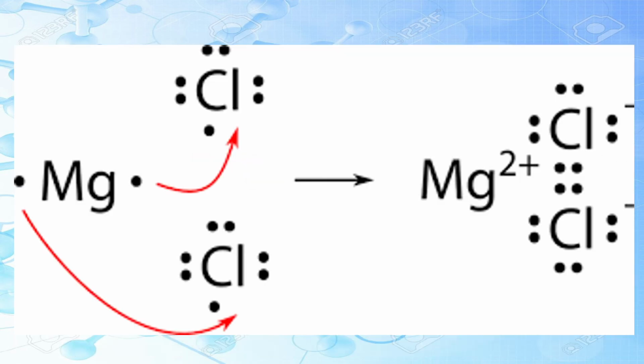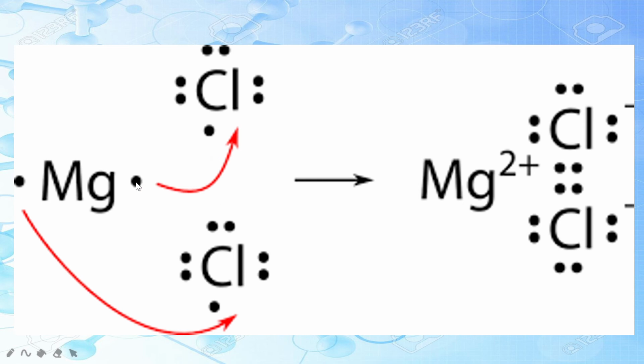Next, another example. How about this one? The magnesium. Magnesium has 2 valence electrons and fluorine 7. Now, how can this magnesium give its 2 electrons? So we have to put 2 chlorine so that this magnesium will transfer equally its electrons.